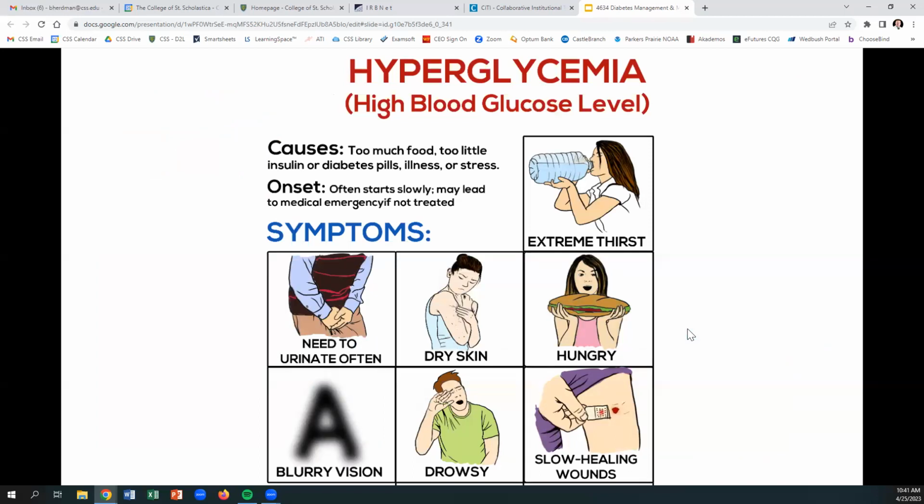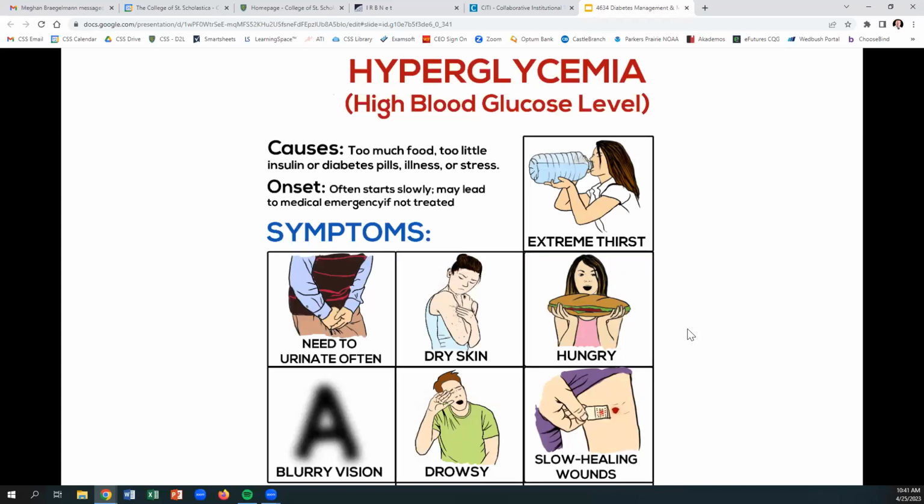Hyperglycemia, on the other end of the spectrum. Some causes are too much food, too little insulin, or too little of the patient's type 2 diabetes meds. Illness can cause abnormal high blood sugar, as well as stress can cause abnormal high blood sugar. It is not uncommon for patients to come into the hospital and they are not diabetic at all. They come into the hospital and they end up on insulin because it's reactive, right?